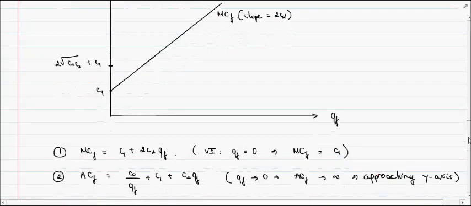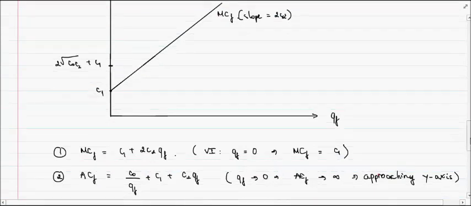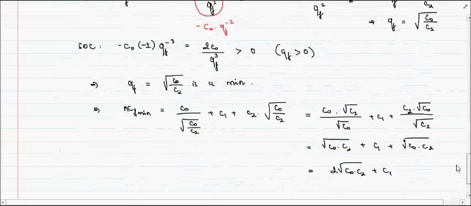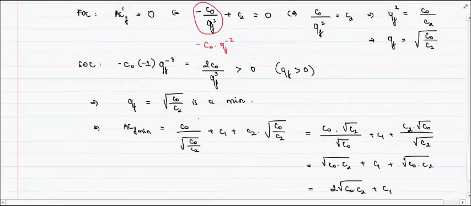Alright, now another thing, as I have already been mentioning: the marginal cost curve is always going to go through the minimum point of the average cost curve. So if this is the minimum point of the average cost curve, where Q equal to square root of C0 on C2, then the marginal cost curve is going to go through this point.